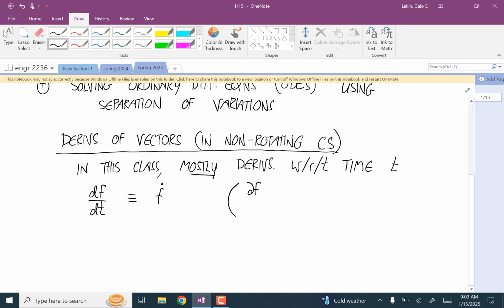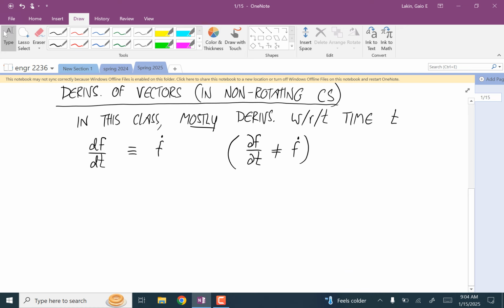If you're thinking of partial derivatives, which we're really not going to do in this class, this is not the same thing as f dot. Yes? Is it not f dash because it's vectors? Yeah, it's true for vectors and it's true for scalars. For now, I'm just saying anytime you see a dot, it's a derivative with respect to time.